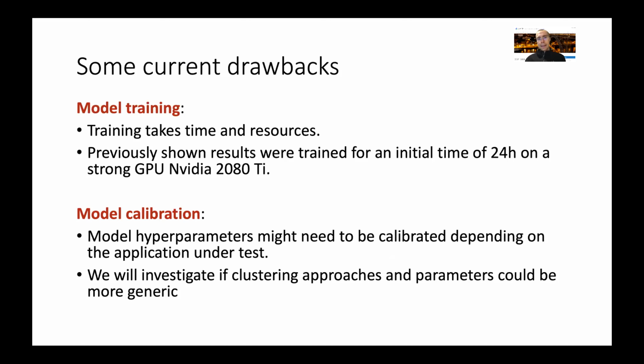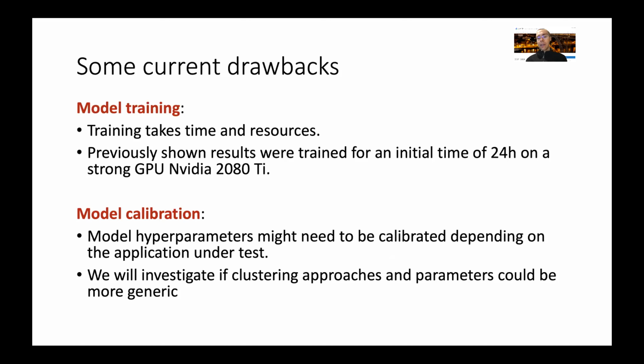Another drawback is that the model needs calibration depending on the application under test. So you will have to set different parameters if, let's say, you are a developer of an application that is text-based or image-based. It just needs different parameters for training.